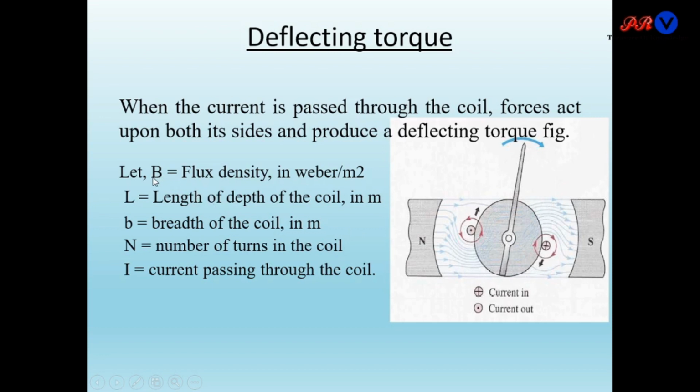B is the flux density in Weber per meter square. L is the length of the coil. B is the breadth of the coil. N is the number of turns in the coil. I is the current passing through the coil.